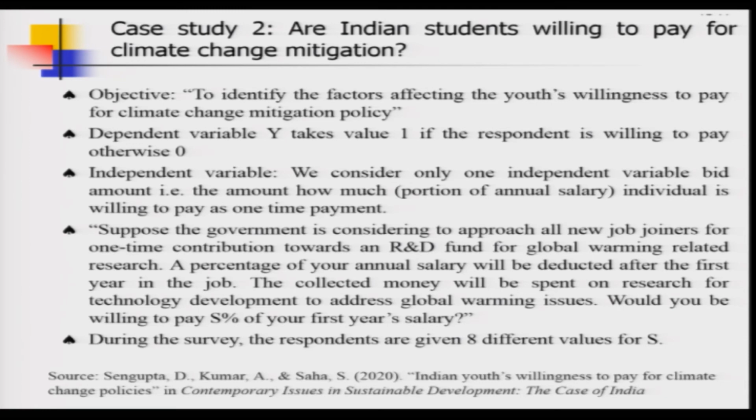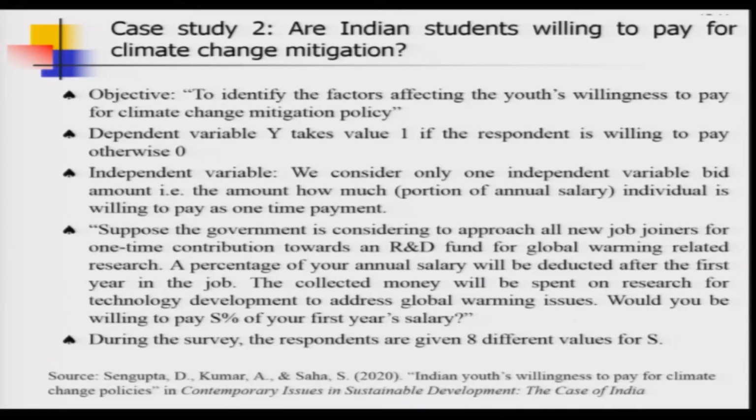The chapter used 3-4 explanatory variables, but due to shortage of time, I just wanted to talk about one particular variable, which is the bid, the amount of money that the respondent was asked to sacrifice in order to help the government's targets to protect us from global warming and roll out climate change mitigation policies.